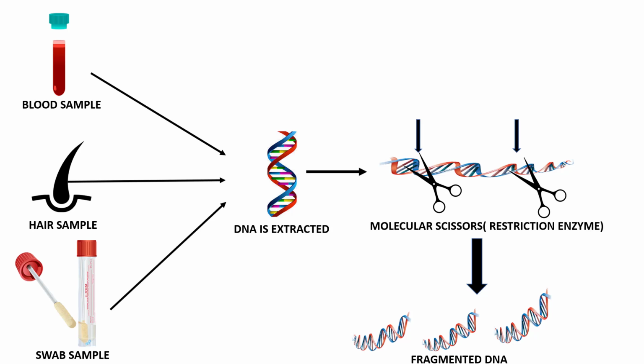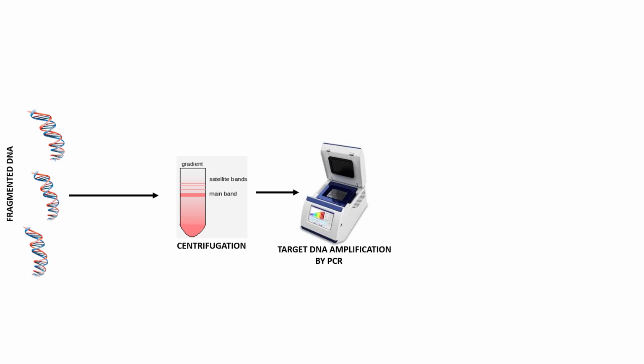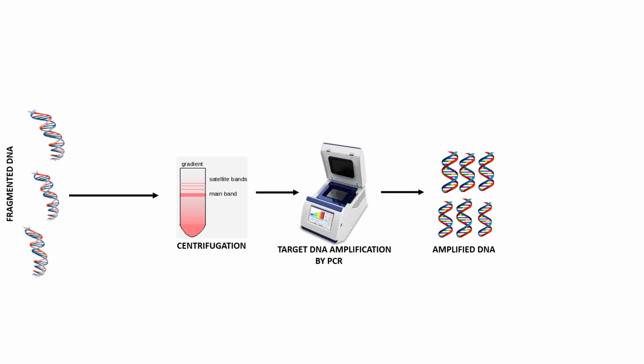Now this fragmented DNA is centrifuged to separate the satellite bands according to density, which is further amplified by PCR, that is polymerase chain reaction, to amplify the DNA fragments.